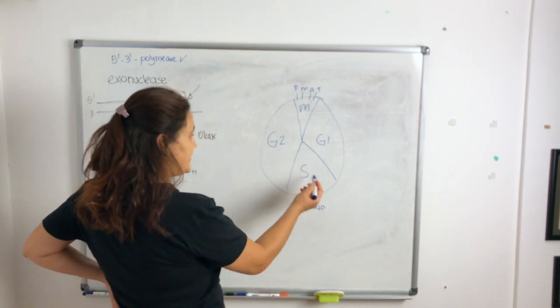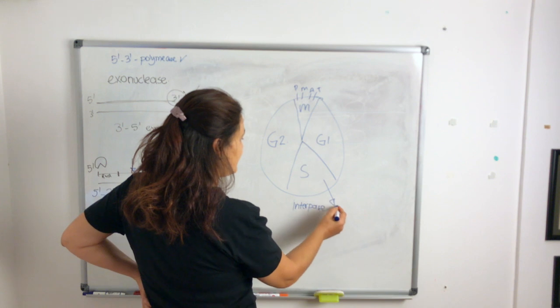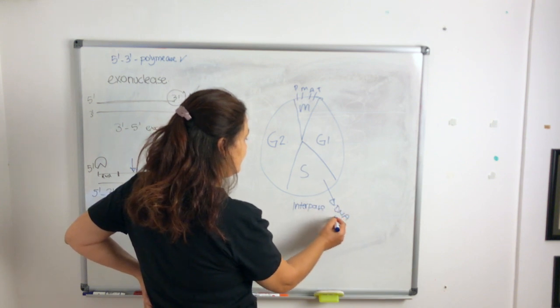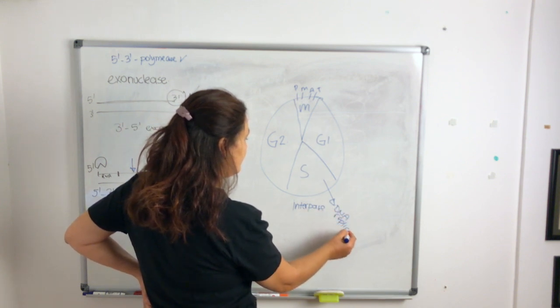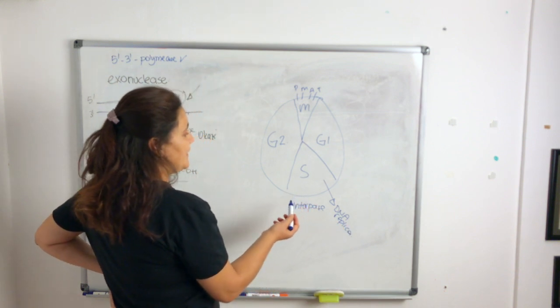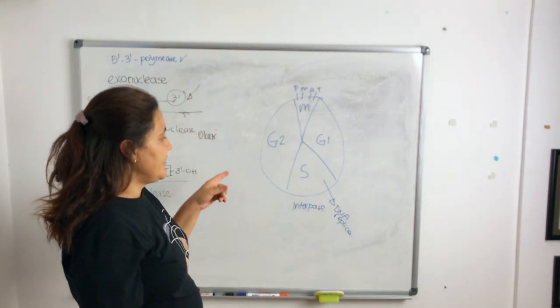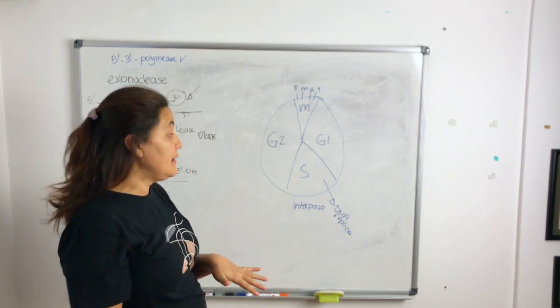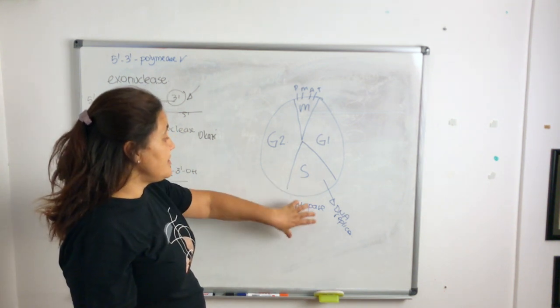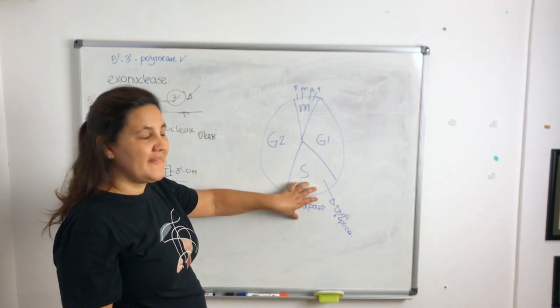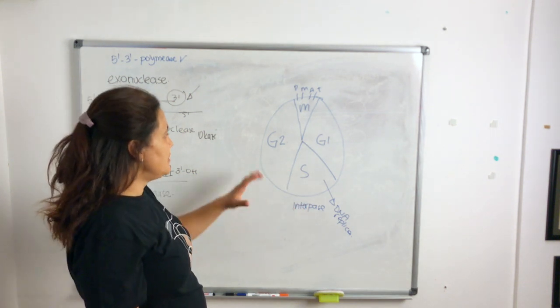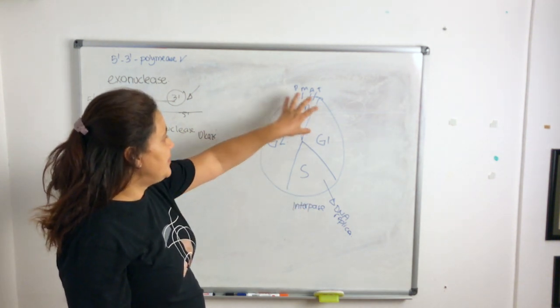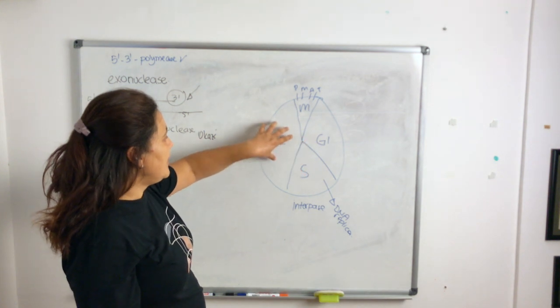In the S phase we have the DNA replication. And all the proofreading activity and the repair system that I will talk about in a minute are taking place in this S phase.